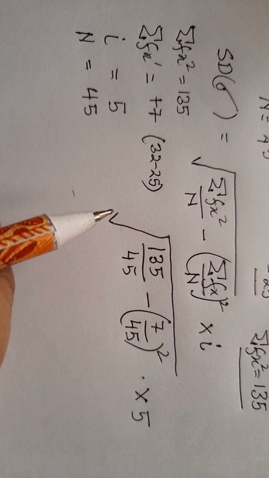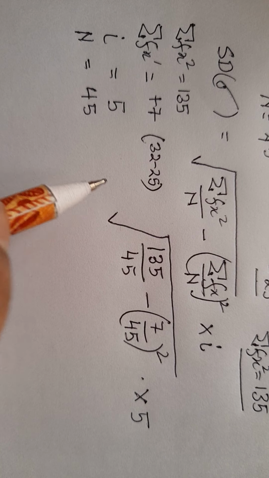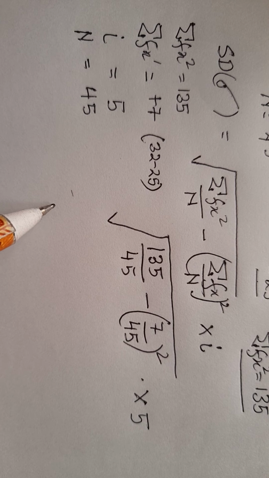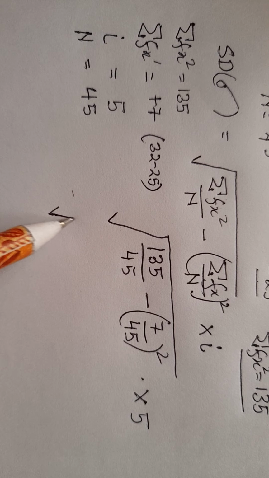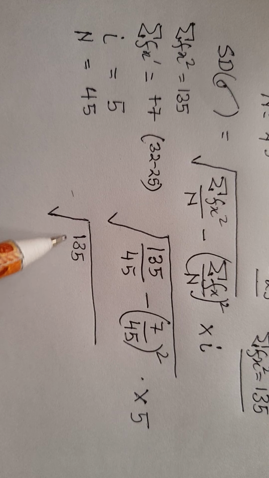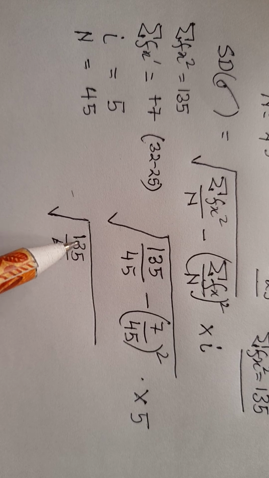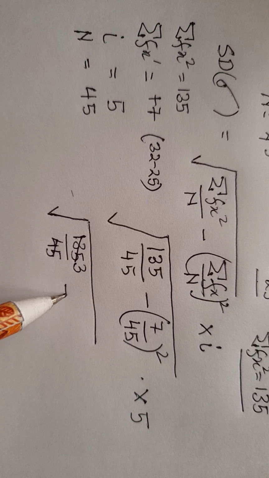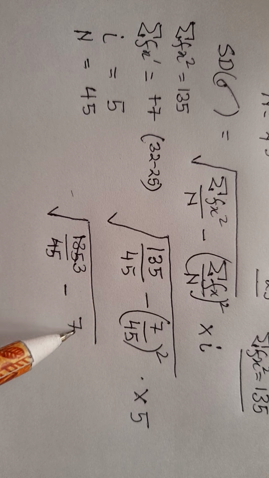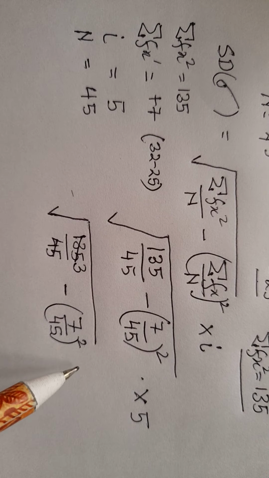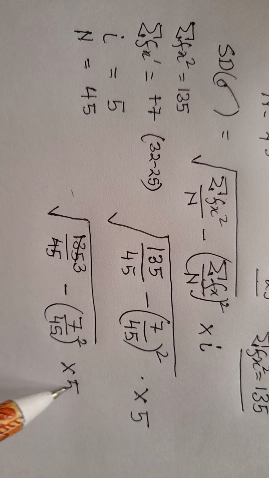Now next step, you have to show every step. You can also cancel the numbers and you can reduce the numbers, and therefore calculation will be easier. Now 135 by 45 you can cancel, and 45 into 3 is 135, minus 7 by 45 whole square into 5.